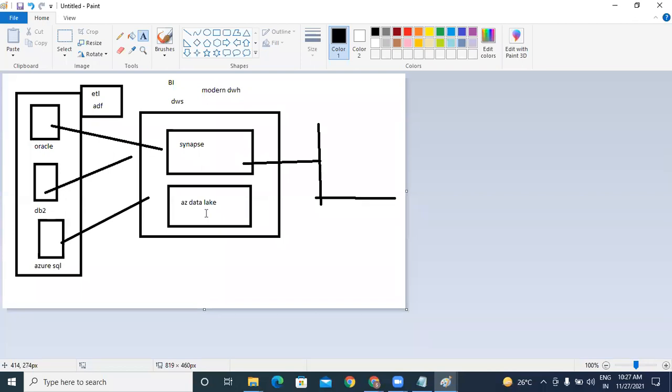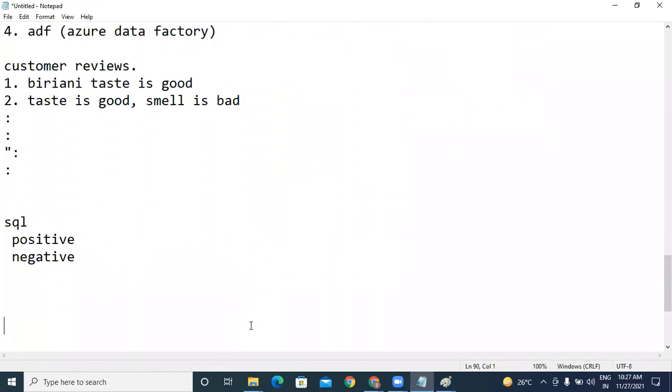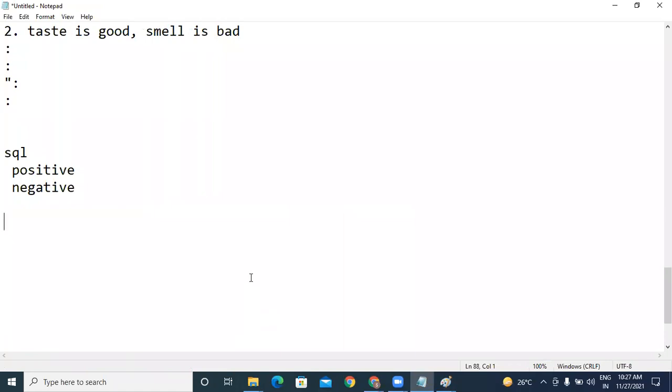Got it? So all of you, please attend to this one important change in the case of ADF. In the beginning, your understanding of ADF was simply a cloud ETL, right?